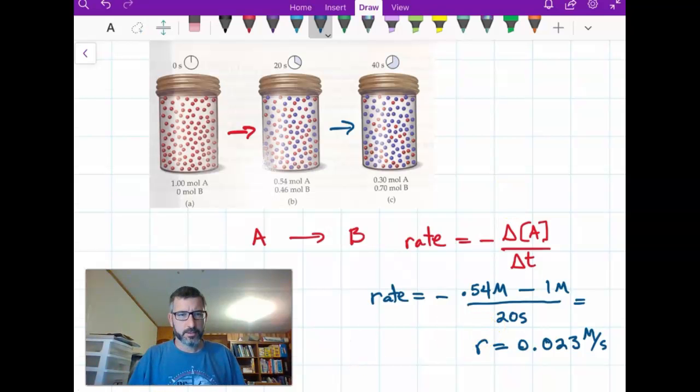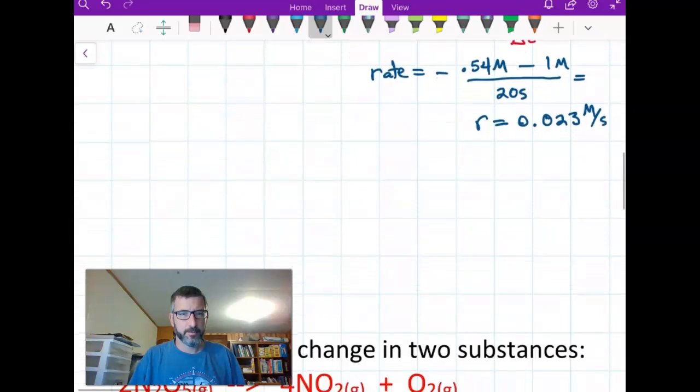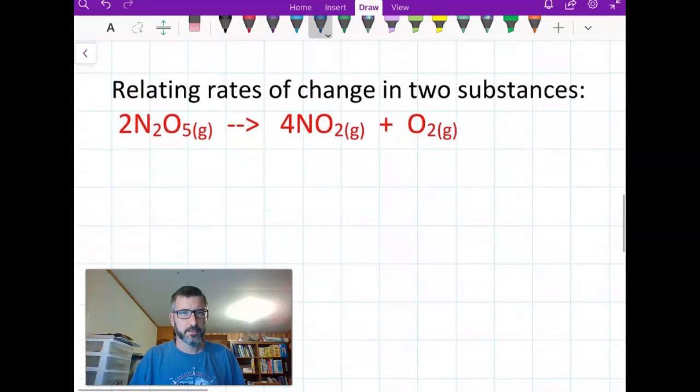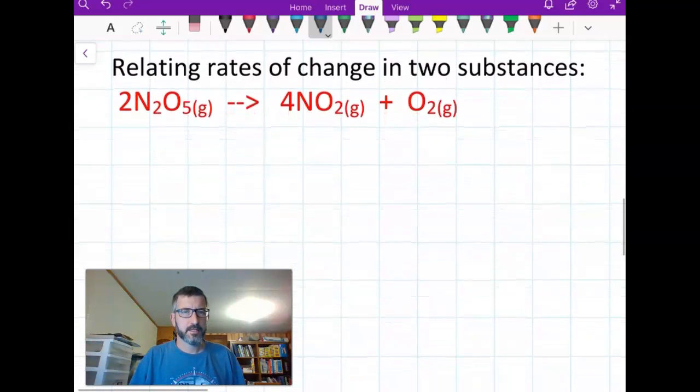Okay, the next thing that I want to talk about here is something that the online book didn't really address. It talked about the negative sign out in front of the reactants, but it didn't really talk about coefficients. And it's a simple concept, but what I want you to understand here, guys, is when there are coefficients other than one, that's going to affect how quickly that substance's concentration is changing.